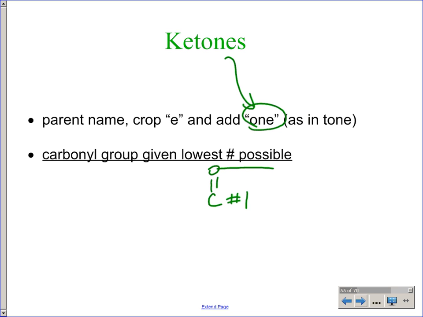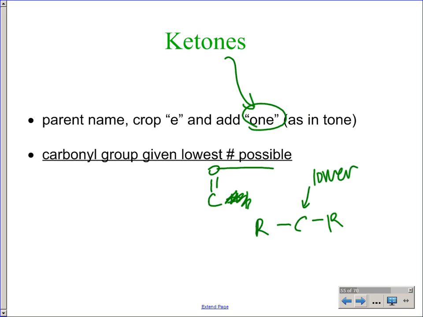I'm going to back up for a second. Forget that that's going to be number 1. It's just going to have the lowest possible number. If it were number 1, it would be an aldehyde because it would be on the terminal end. Sorry about that. We're going to have 2 sides to this, so we want to make this the lowest number possible, and start on either side with the shortest number of carbons on the left or the right.